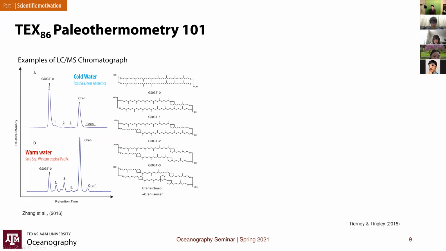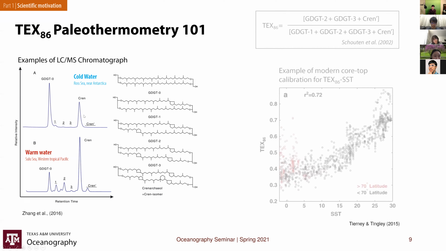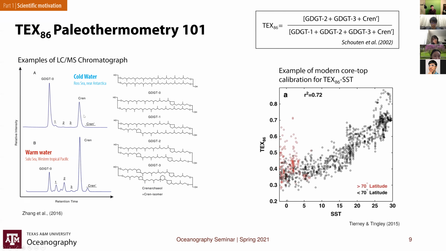You will predominantly have GDGT-0, much more than crenarchaeol. That's the main difference between colder and warmer water, the pattern of the GDGTs you see from the sediments. And TEX86 is just a simple calculation first proposed in 2002.